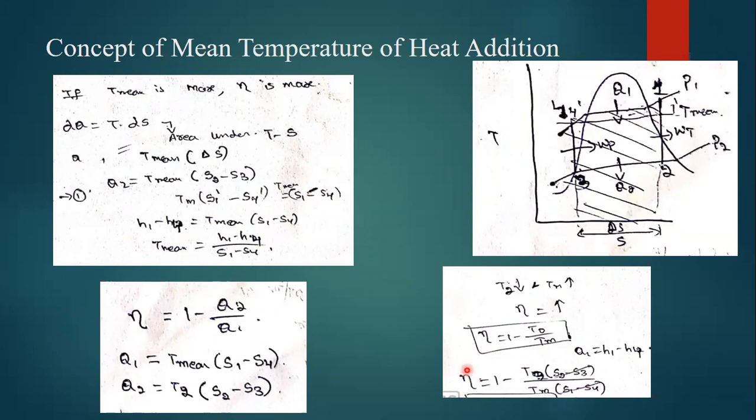Finally we get efficiency equal to 1 minus T2 by T mean. Instead of T2, I can go with the optimum temperature, that's why I have taken TO. No difference here, just keep T2 only. So efficiency is equal to 1 minus T2 by T mean. Once you observe this equation, what happens?